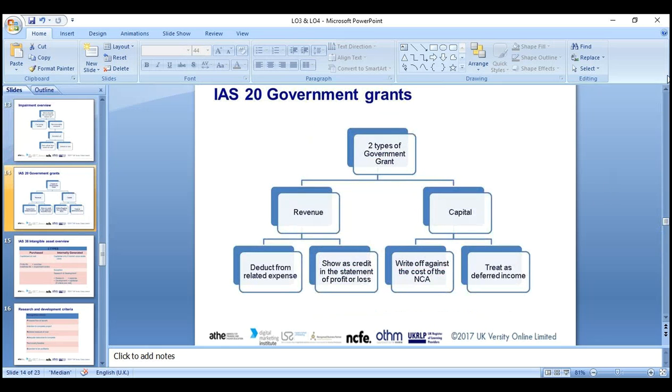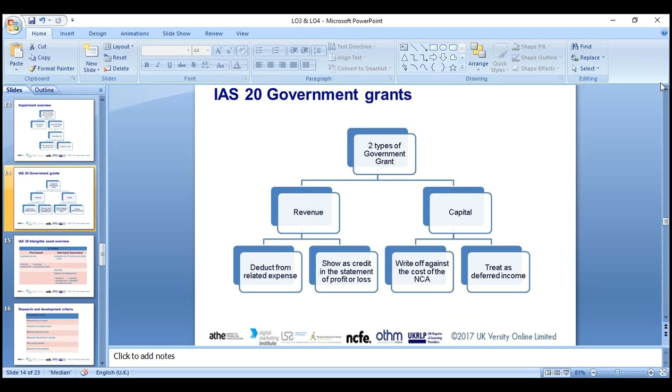Okay, brilliant. So we do sometimes look at whether the asset needs to be impaired or not. So IAS 20 government grant, how we can treat the government grant according to our learning outcome. We need to look at two types of grant; we can divide them into revenue grant and capital grant. Capital grant is when you need to buy infrastructure, and the revenue grant is related to meeting day-to-day expenses.